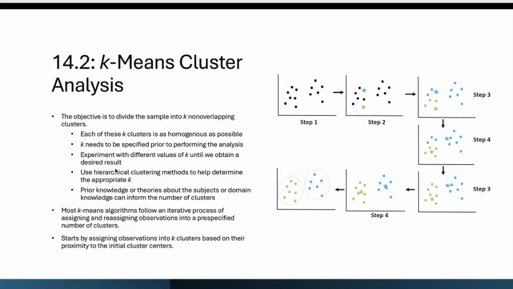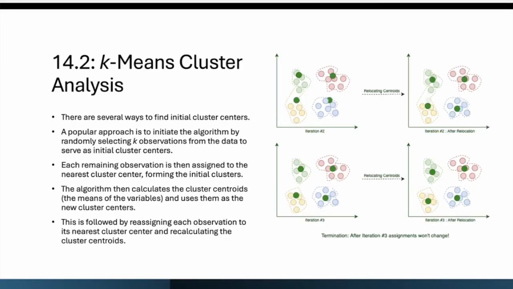Also, most k-means algorithms follow an iterative process of assigning and reassigning observations into a pre-specified number of clusters. Once the number of clusters k is determined, the k-means algorithm usually starts by assigning observations into k clusters based on their proximity to the initial cluster centers. There are several ways to find initial cluster centers.